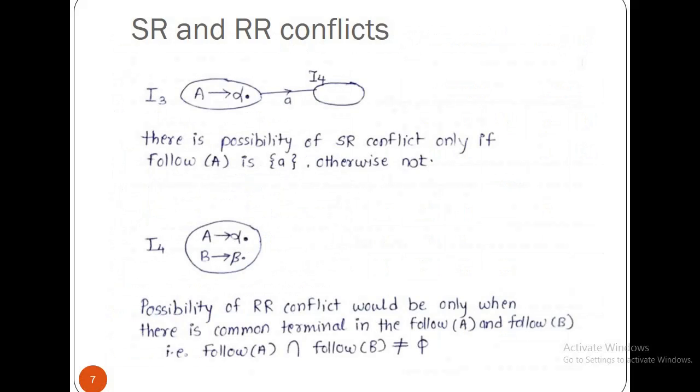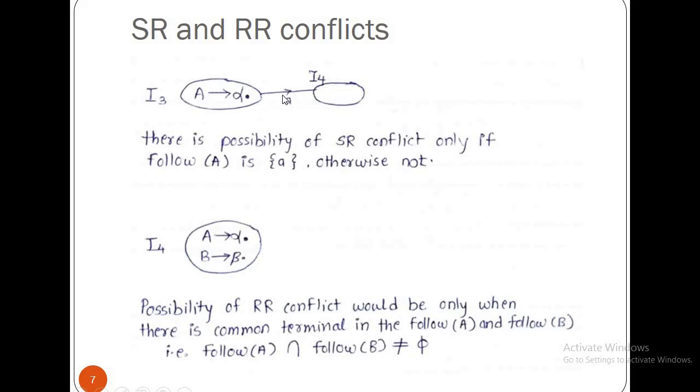Now you know what shift reduce and reduce reduce kind of conflicts are. Now what is the possibility of getting a shift reduce kind of conflict using the LR1 parser or SLR1 parser? Obviously there is a possibility of a shift reduce conflict only if this is the I3 state and on transition of A it goes to the I4 state, and obviously the reduce action will be written only under the follow of A, and if follow of capital A is small a as well, in that case, what that indicates is the reduce action is to be performed under small a, as well as the shift action is to be performed with respect to this transition diagram.